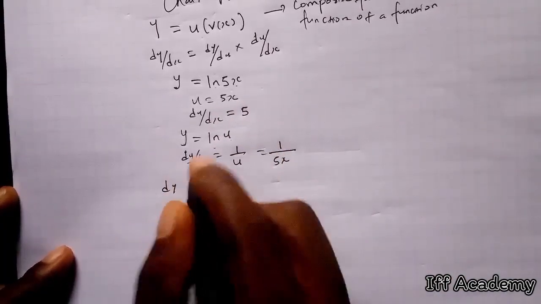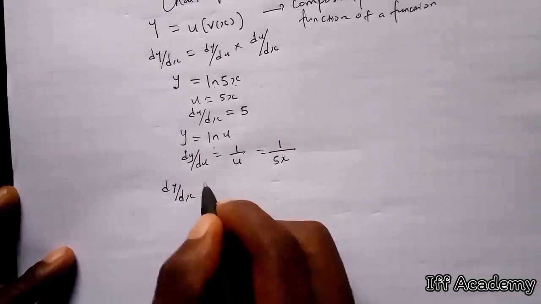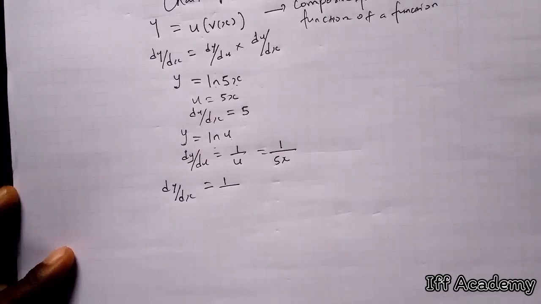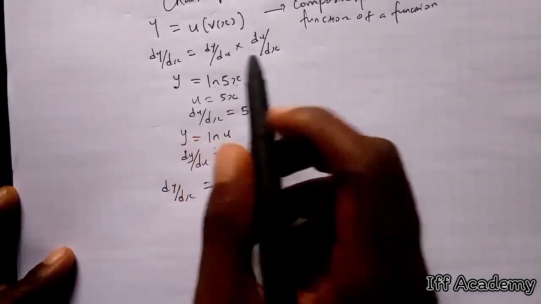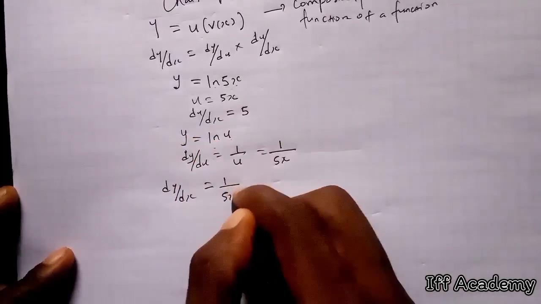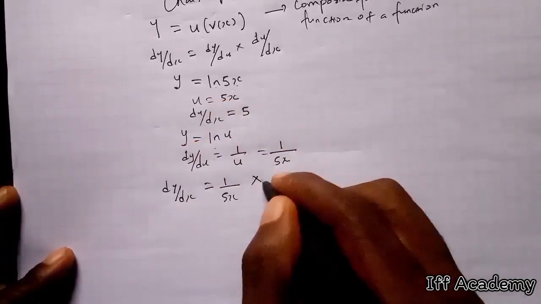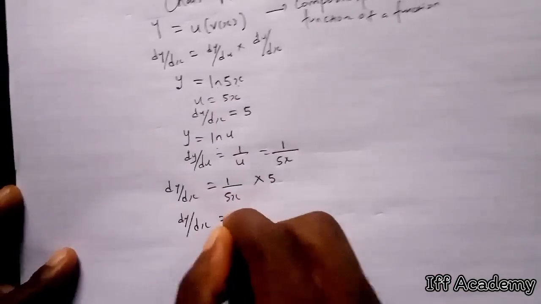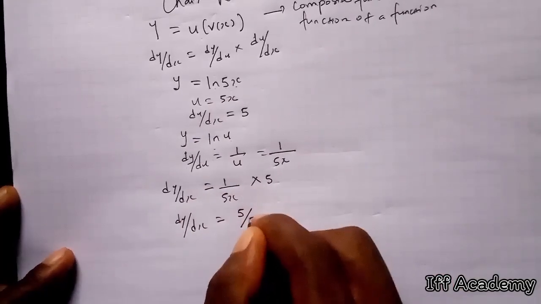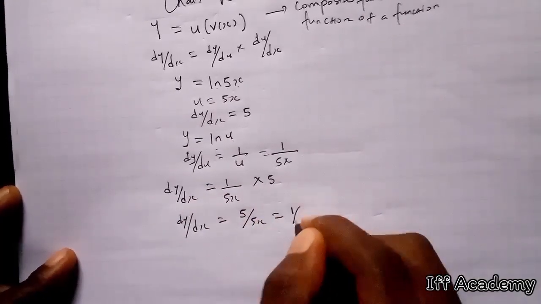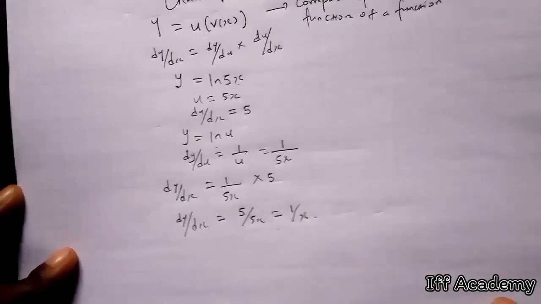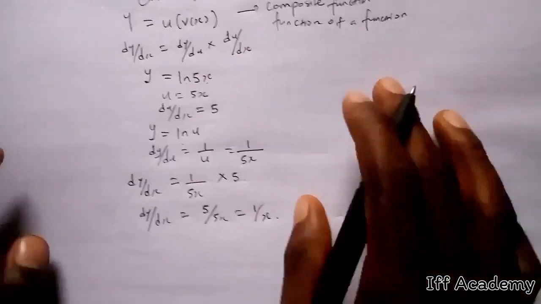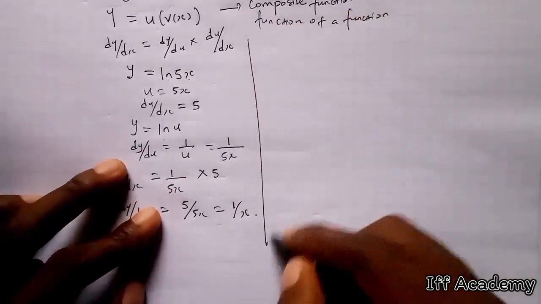So your dy over dx is simply your dy over du, which is 1 over 5x, times du over dx, which is 5. So your dy over dx is 5 over 5x. That gives you 1 over x. Right.